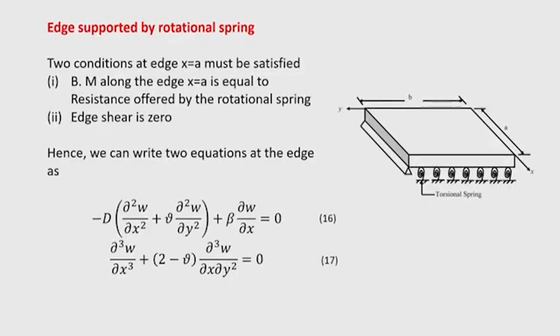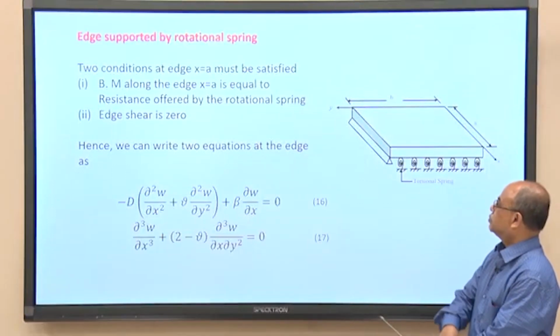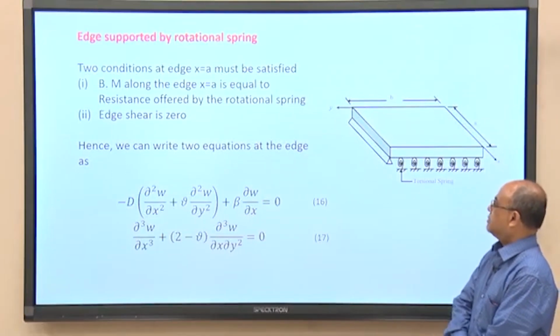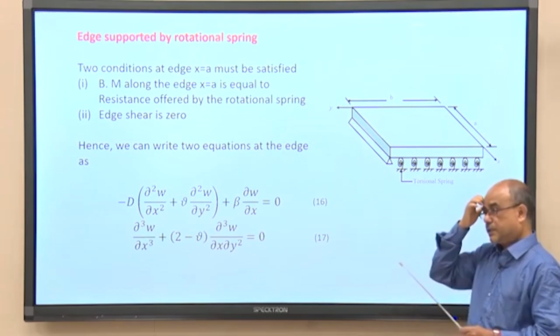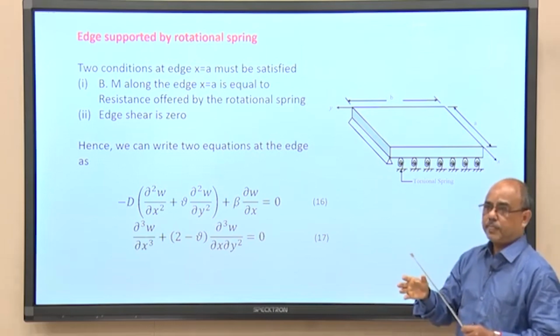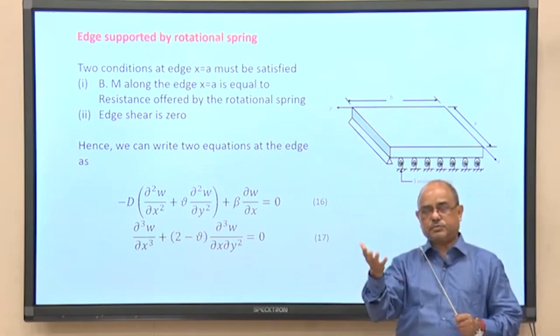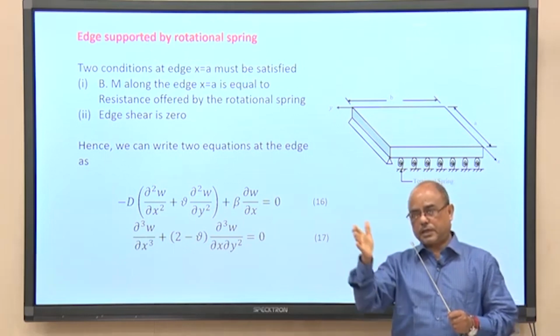Then the edge supported by a rotational spring: two conditions at the edge x equal to a must be satisfied. What are the conditions? Let us see. Since it is restrained by a rotational or torsional spring, it will offer resistance to the bending moment along the edge.